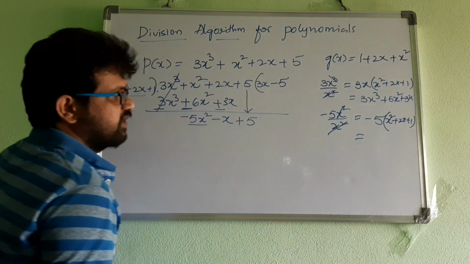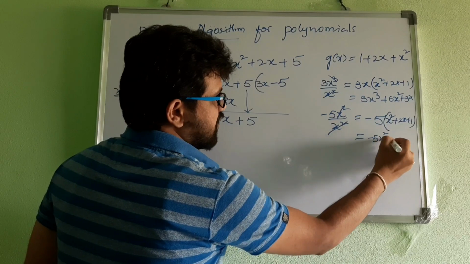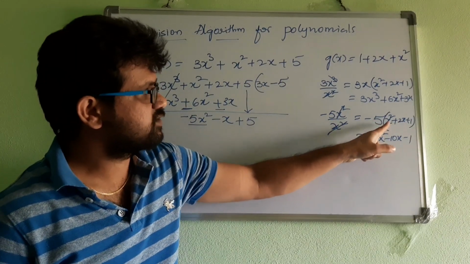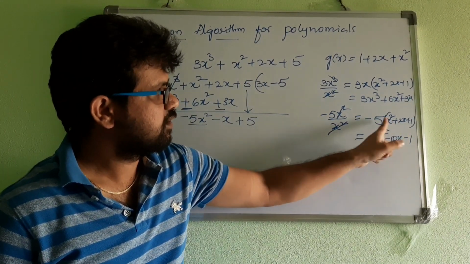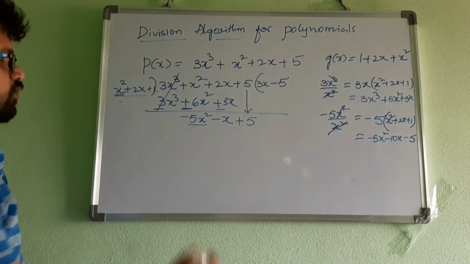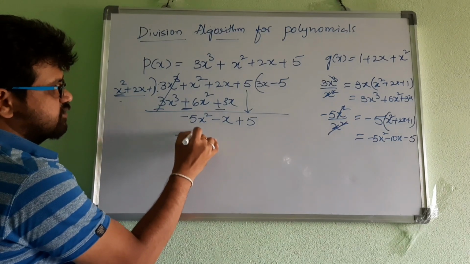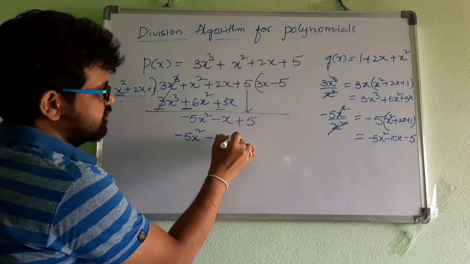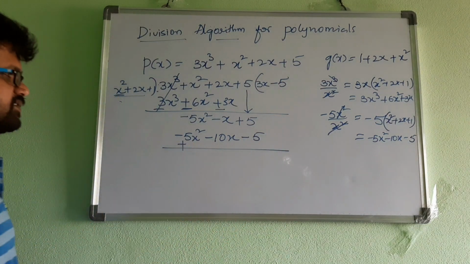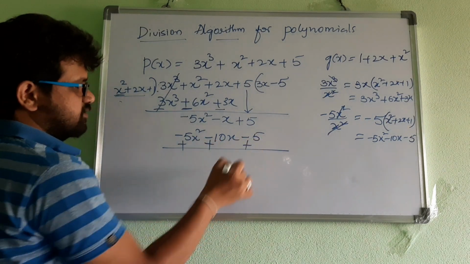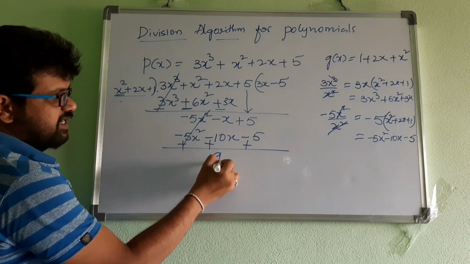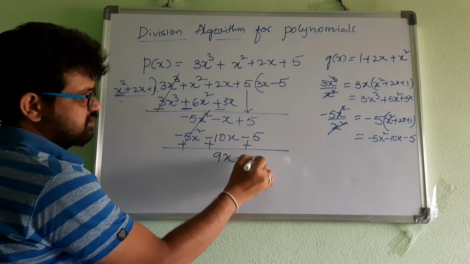We get minus 5x square minus 10x minus 5. Change the signs: minus 5x square plus 5x square cancels, 0. Minus x plus 10x is 9x, plus 5 plus 5 is 10.